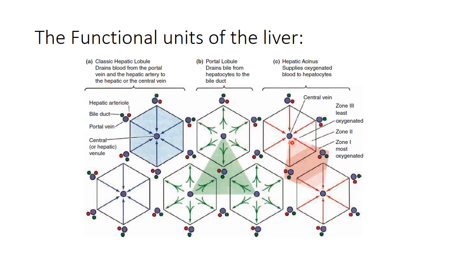Their function is mainly related to glycolysis and lipid formation, which are functions that don't need oxygen supply as other functions. In the middle we have zone 2, which is intermediate between zone 1 and zone 3 in relation to oxygen supply.